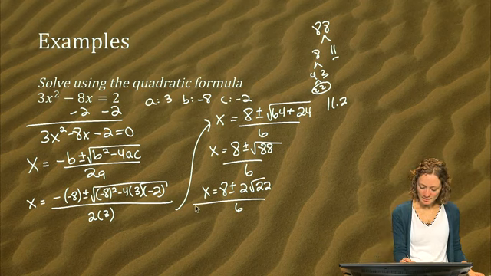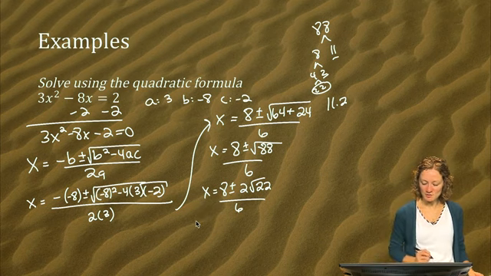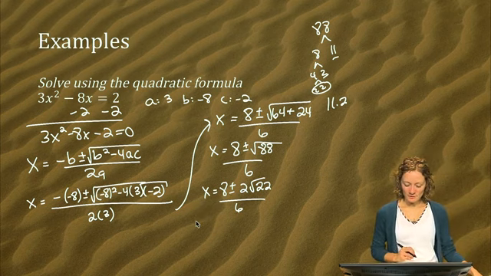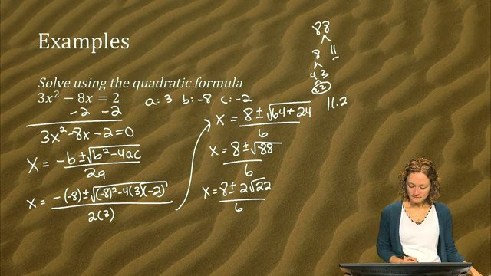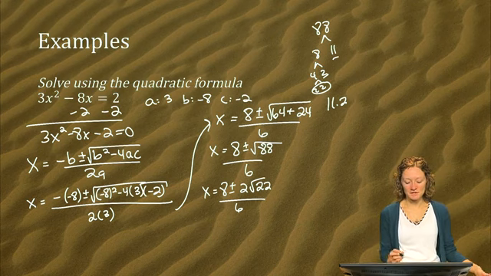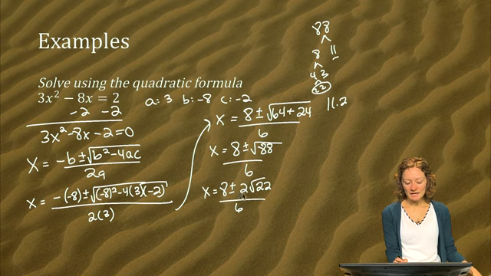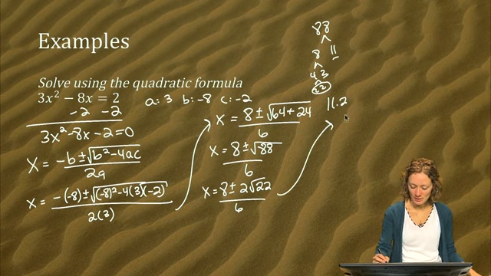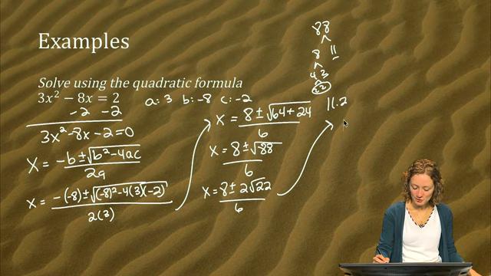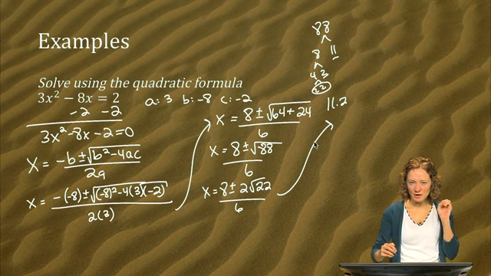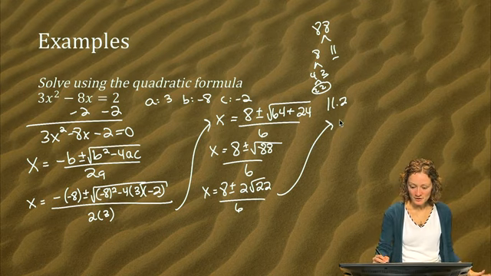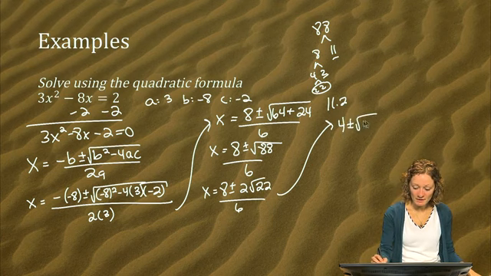Oops. The x doesn't need the fraction bar, just the 8 and the radical. And then it's very tempting to say that this is good, but if you notice 8, 2, and 6, they all have a 2 in common, so we really should take that 2 out. Divide everything by 2. It's sort of like taking a 2 out of the top and bottom. You can factor if you want to. I really think it throws people off to see everything there.